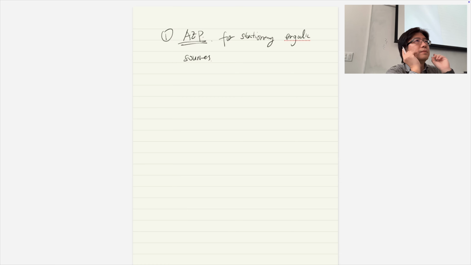Right, before, remember, how did we define the AEP? Yes? It was like for an infinite signal of length n, where n goes to infinity, the probability of getting a signal that has a non-equal number of zeros and ones goes to 0.